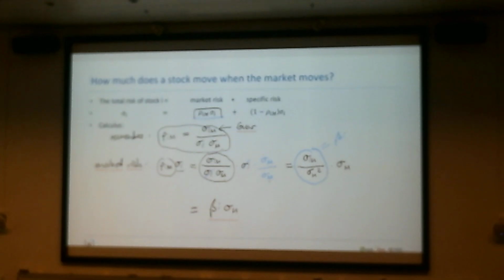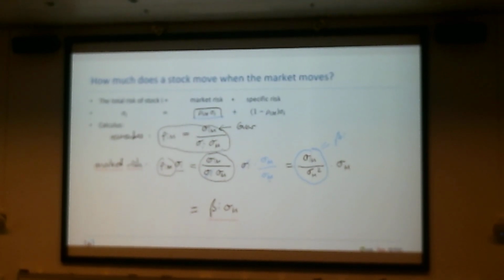And either you use the covariance, or you use the correlation coefficient times, and you put this on the other side, the standard deviation of the stock and the standard deviation of the market. So really keep this in mind, these are two different things. Correlation coefficient and covariance are of course closely related, but you always have to divide by the standard deviations of the stock and of the market.